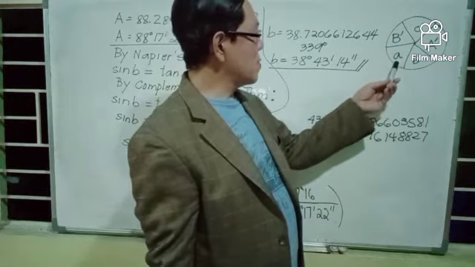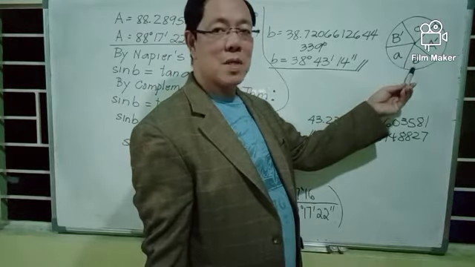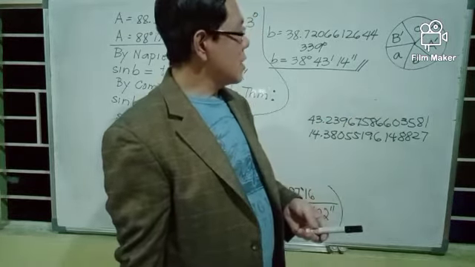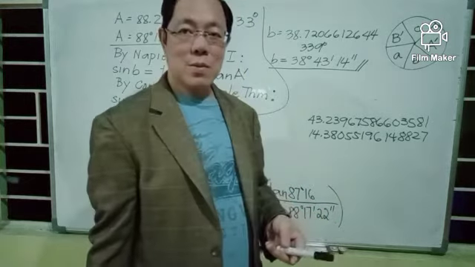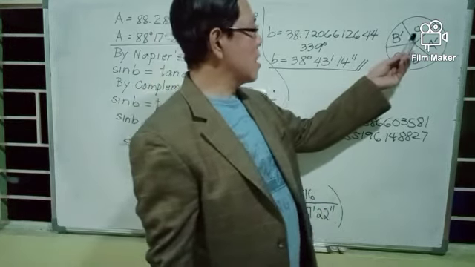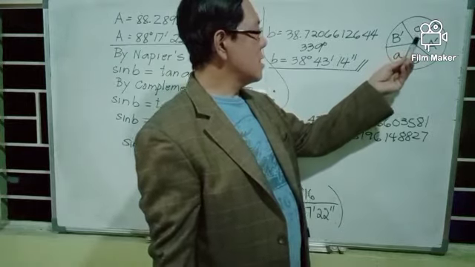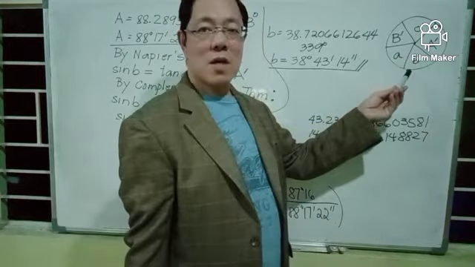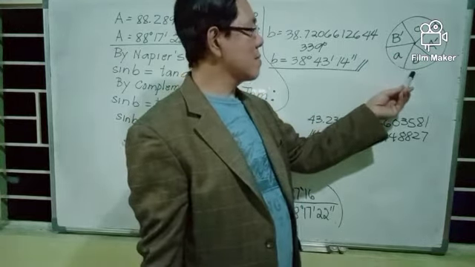Since we know small a, and we found small b, you can use Napier's second rule that says the sine of c prime is equal to the product of the cosines of the opposite parts.